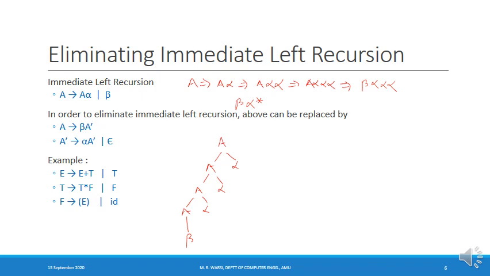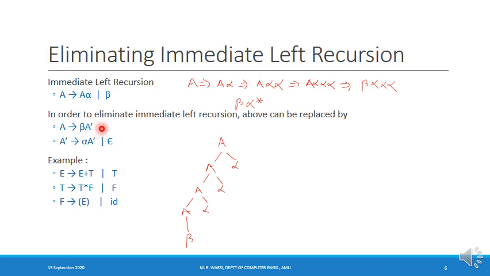I have immediate left recursion existing in this grammar. In order to eliminate the immediate left recursion, I'm replacing this grammar with this grammar. So these two productions are being replaced with these three productions. If you analyze this grammar, I'm introducing a new variable, and that is A dash.